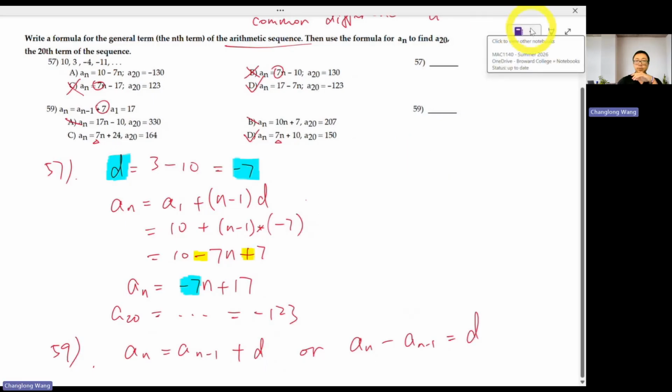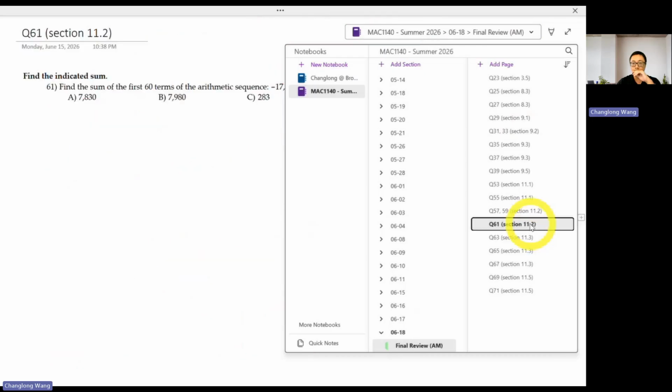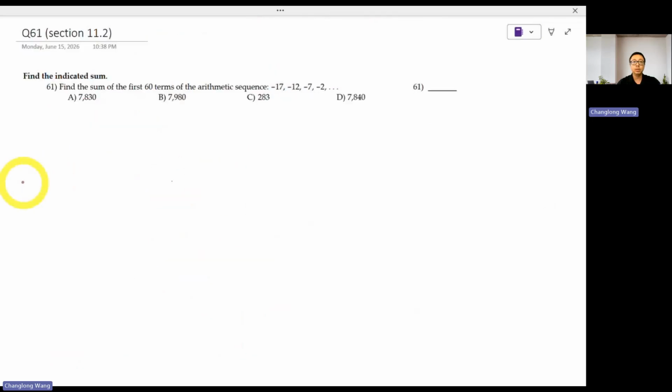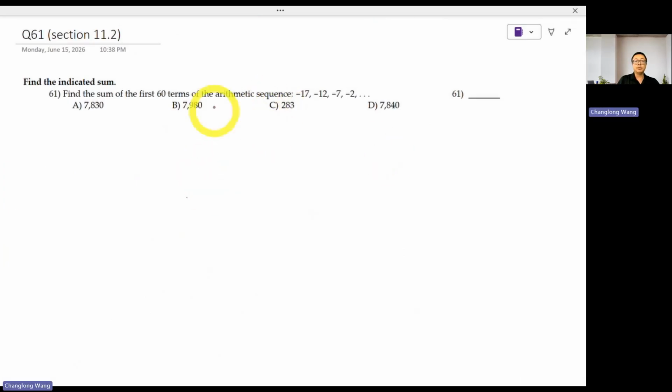Okay, so I'm sure the arithmetic sequence is supposed to be more intuitive. But sometimes when it comes to the partial sum, the first n terms' partial sum for either the geometric or arithmetic, things get a little bit out of control. So there are two formulas.